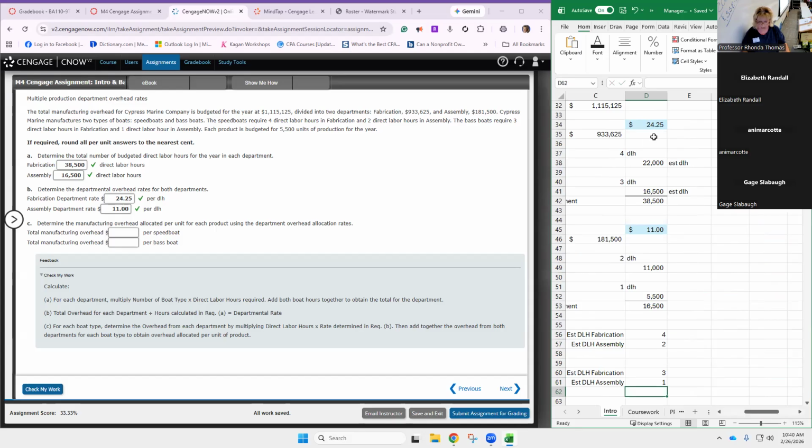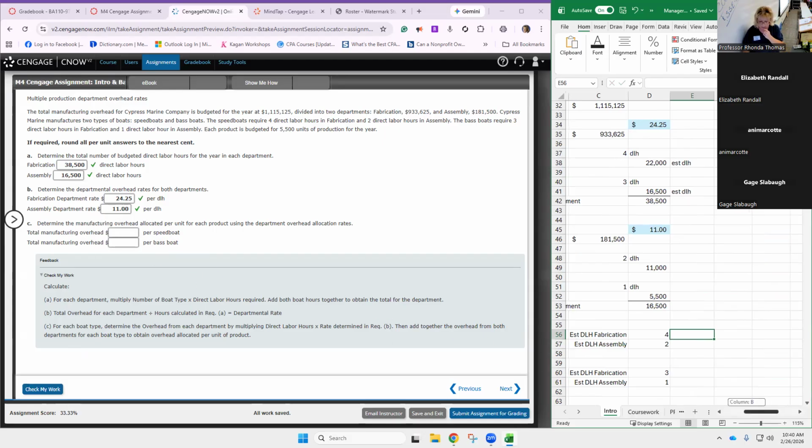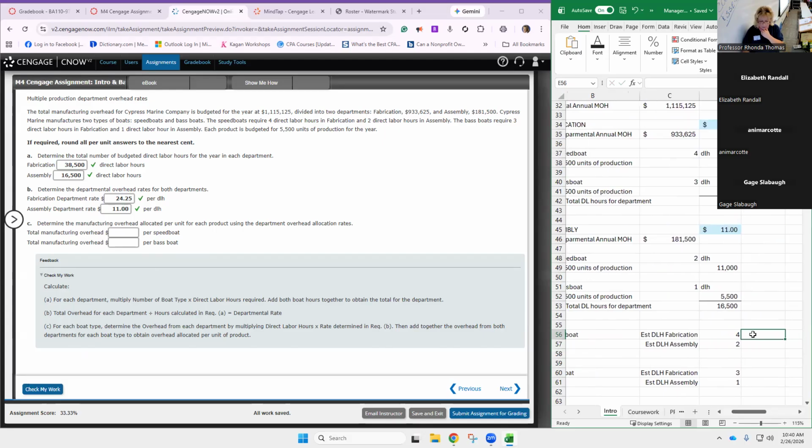So the rate for fabrication is 24.25, because it's asking, what's the total manufacturing overhead per speedboat? So we've got to take it times the rate. We're going to leave the rate up here.